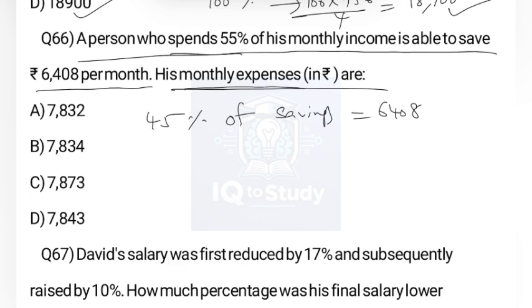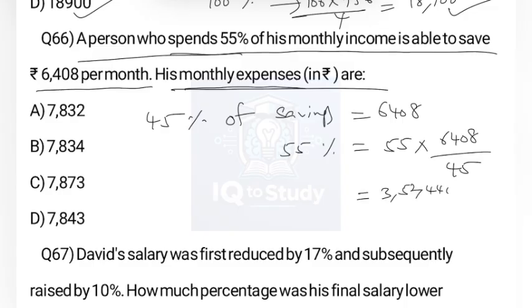We have to find his monthly expenses. So 55% is equal to 55 into 6,408 divided by 45. That is equal to 3,52,440 divided by 45, which is equal to 7,832.